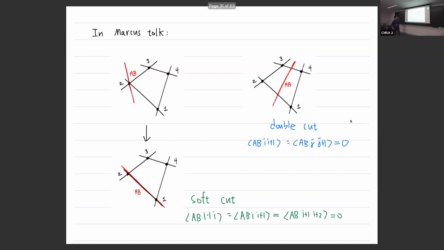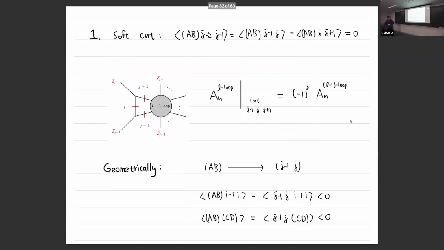Another configuration we call the double cut. So I will check our ABJM loop amplitude to manifest this property. For the subcut, yes, the L loop ABJM amplitude will reduce to the L-1 loop amplitude.